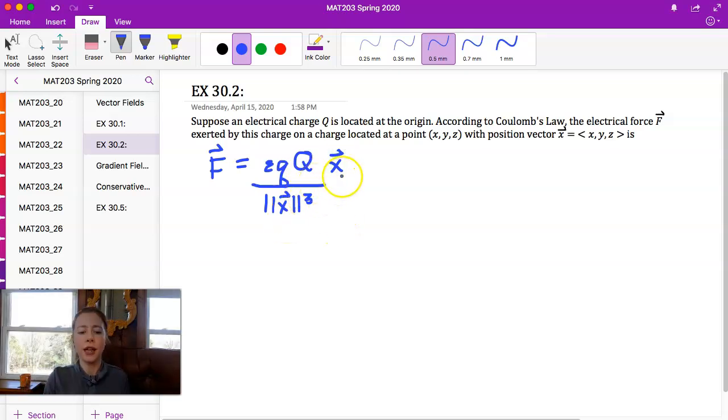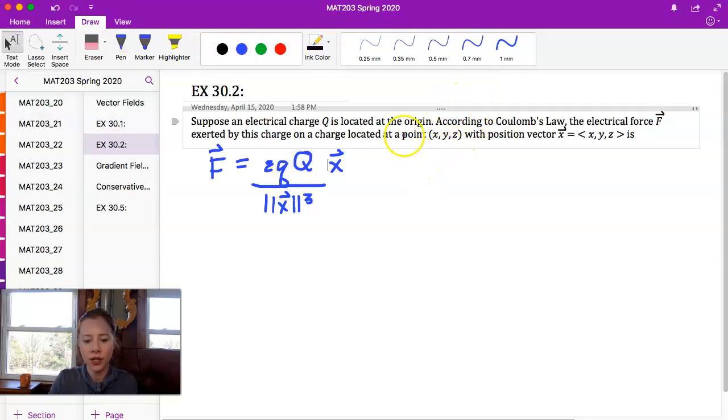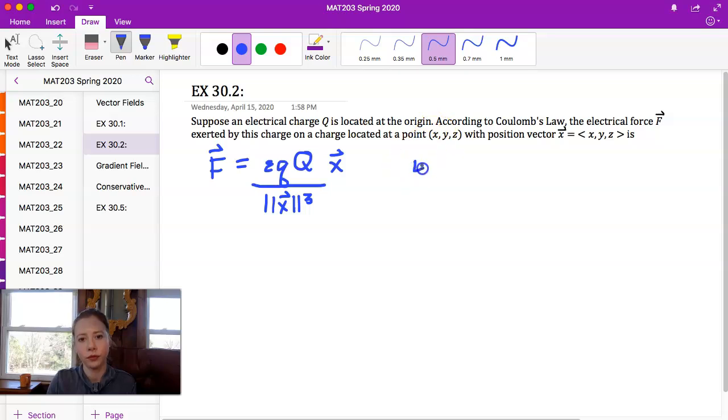So we're looking at 2 charges, a little charge and a big charge, comparing 2 different objects here. And this epsilon is just a constant, so don't worry about that. And so if you have like charges between the 2, then little q and big Q will have the same sign.